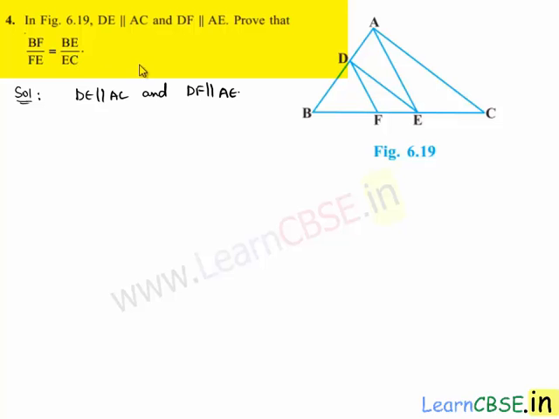In order to prove this, as he has given that DE is parallel to AC, let us initially consider the triangle ABC and apply the basic proportionality theorem.